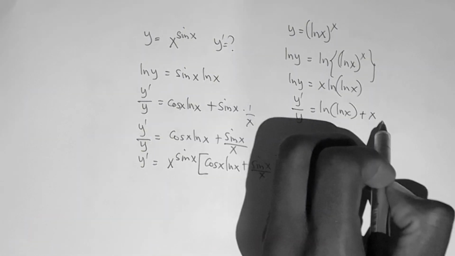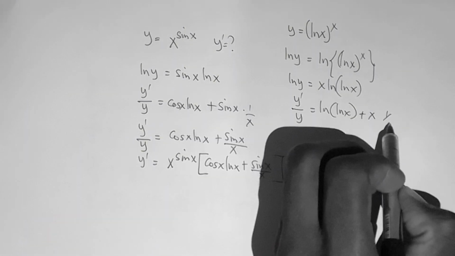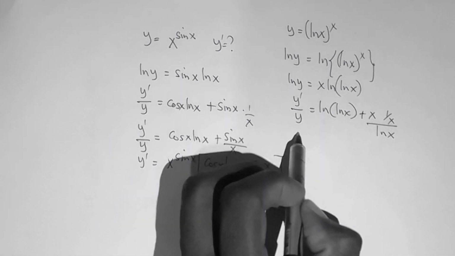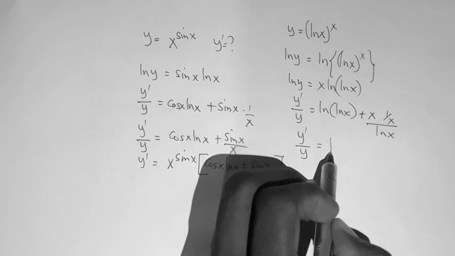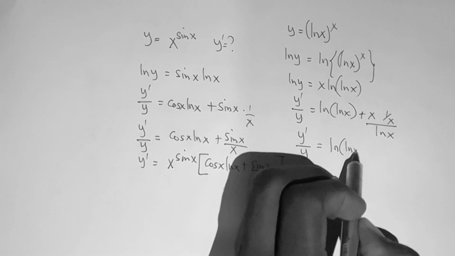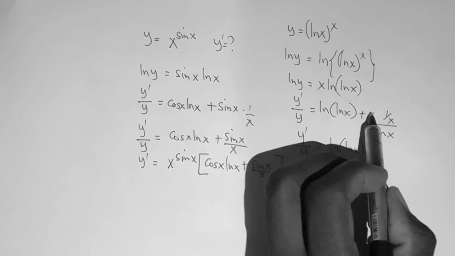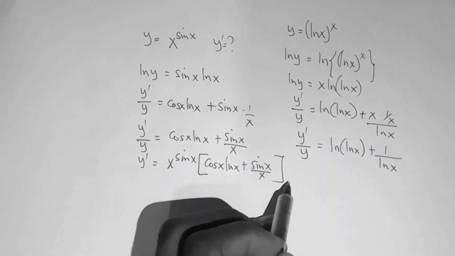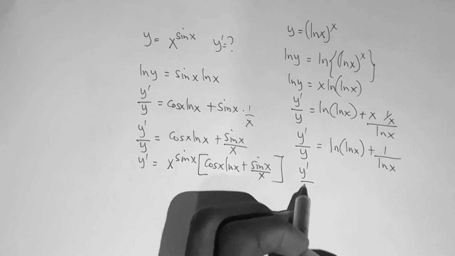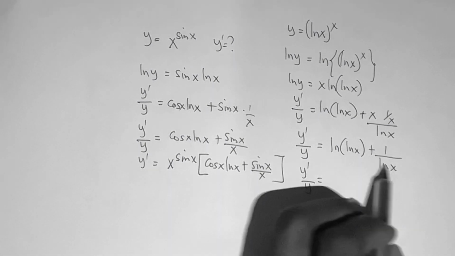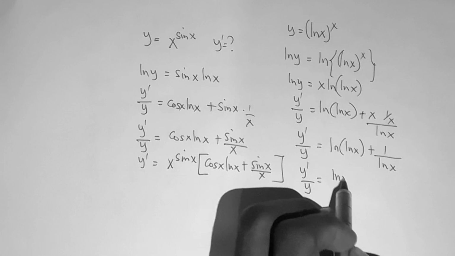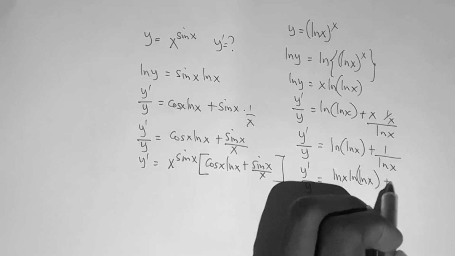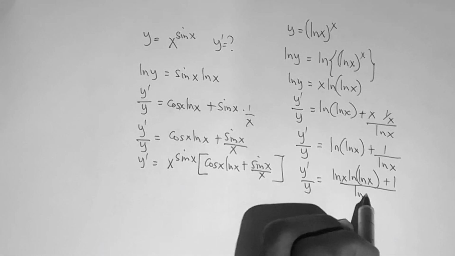If you differentiate this, it is 1 over x, then divided by ln x. So y prime over y is equal to ln x, then plus x times 1 over x is 1 divided by ln x. So y prime over y is equal to ln(ln x) plus 1 divided by ln x.